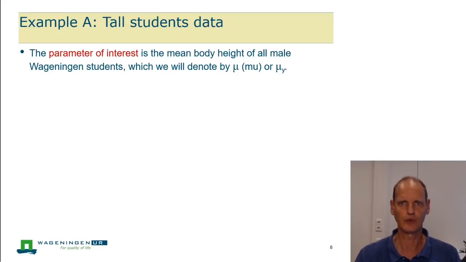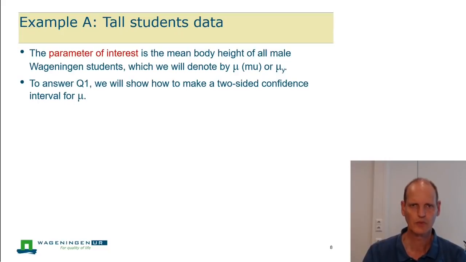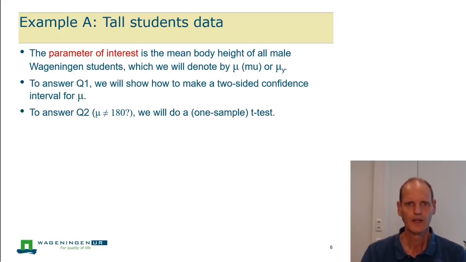In this case, we use the letter mu for mean, or the mu of y, the mean of y, and y is then the body height. To answer question 1, we will show how to make a two-sided confidence interval for mu. To answer question 2, is mu different from 180? We will do a one-sample t-test.